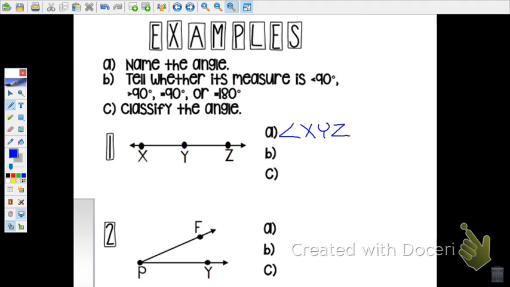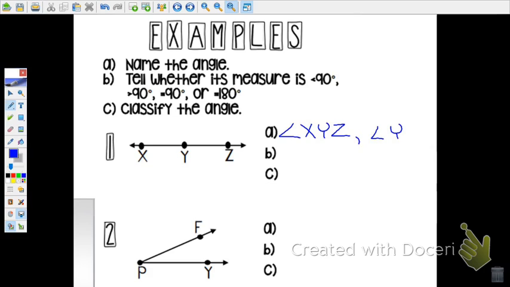Anybody use anything different to name the angle? Everyone wrote down XYZ? I just did Y. Okay, just did the vertex Y, is that okay? Yes, because this is the only angle, so we could just use Y. Or with this first one with the 3 letters, we could have switched the X and the Z around. Y has to stay in the middle.